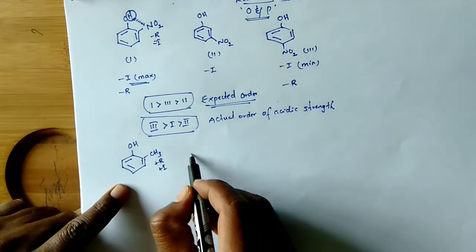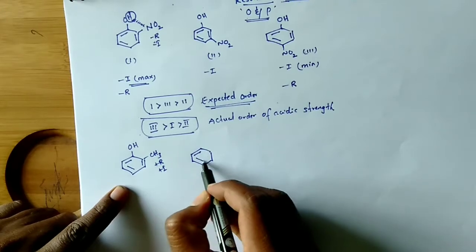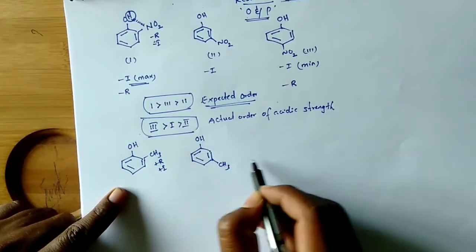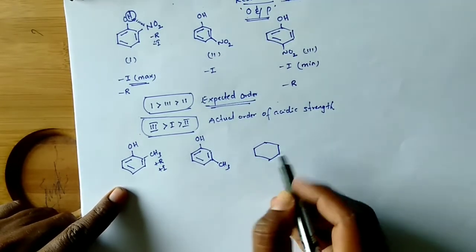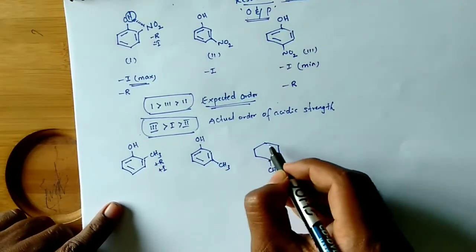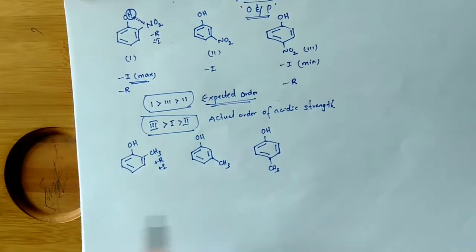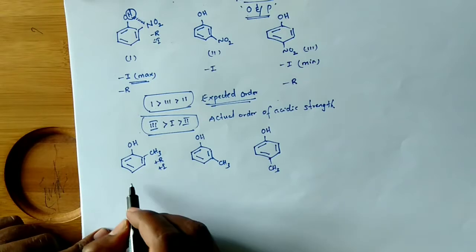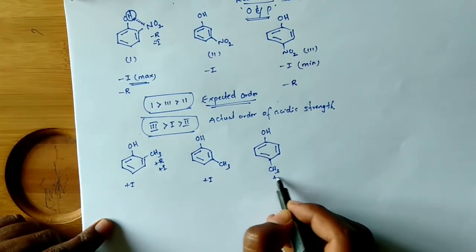So at ortho position, methyl group present, at meta position, methyl group present, and at para position, methyl group present. Okay, among these three, which one is more acidic in nature? We know that here plus I effect, here also plus I effect, here also plus I effect.